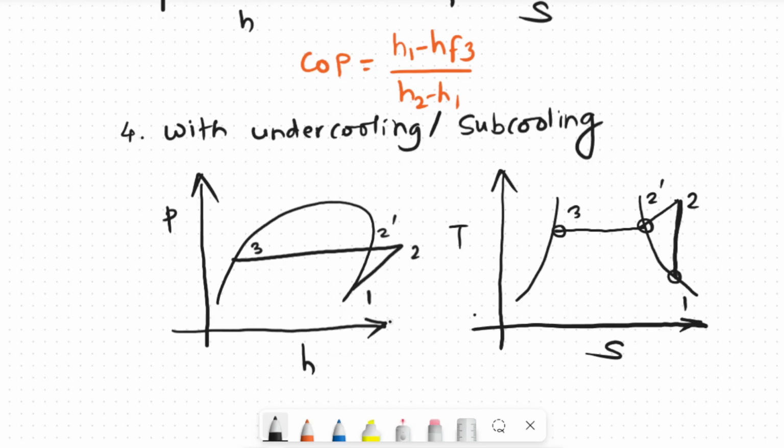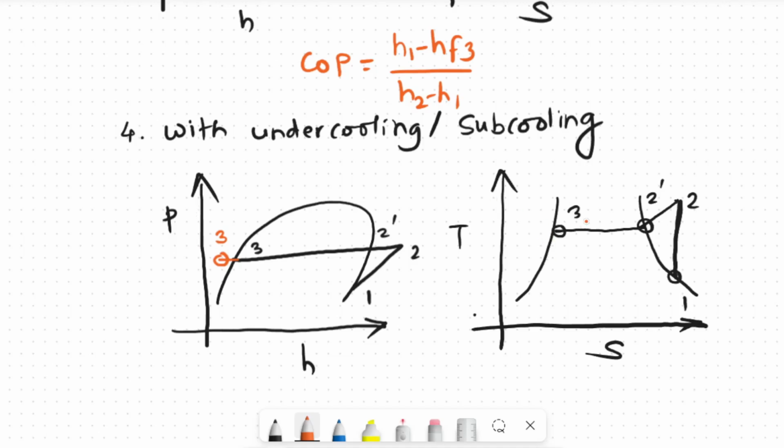Now, as I told you, this refrigerant is undercooled after the process of condensation at constant pressure. Its temperature is reduced. So this point 3 lies in the liquid region.